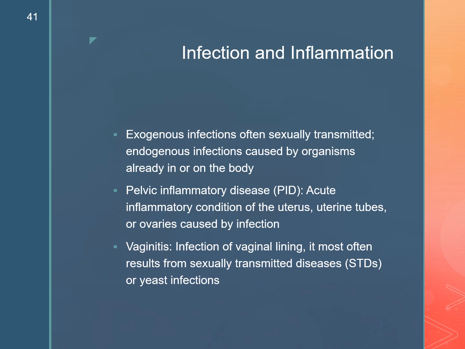Yeast infections are predominantly caused by Candida, and sometimes as females, taking antibiotics can change the flora of the vaginal canal. And so there are certain normal bacteria that live there that are good. And so when we take antibiotics, it could kill off some of that good natural bacteria, which could lead to the proliferation of Candida and lead to some sort of yeast infection.